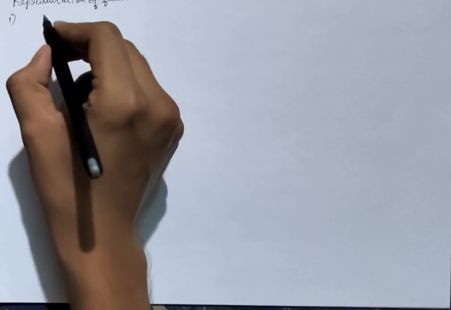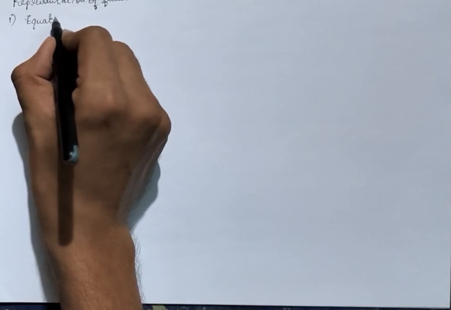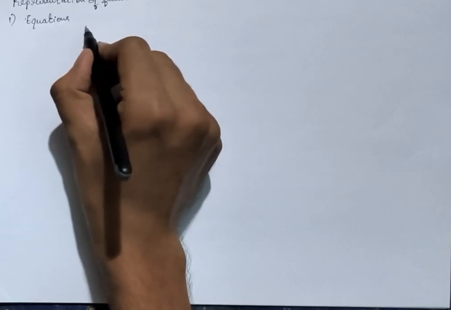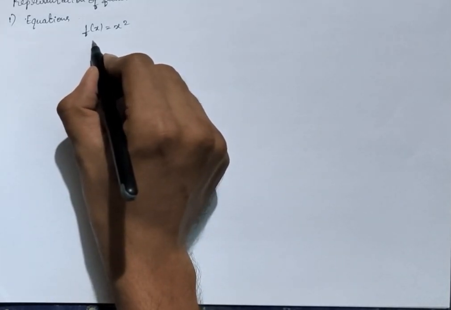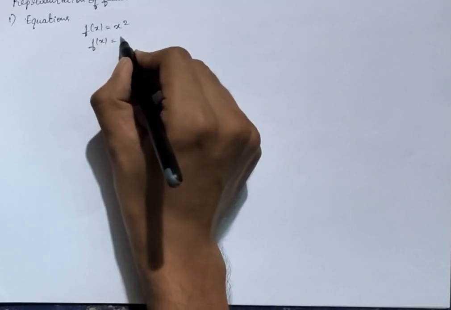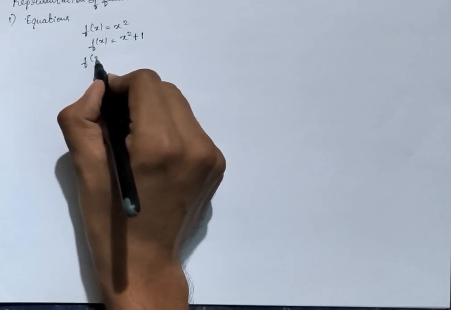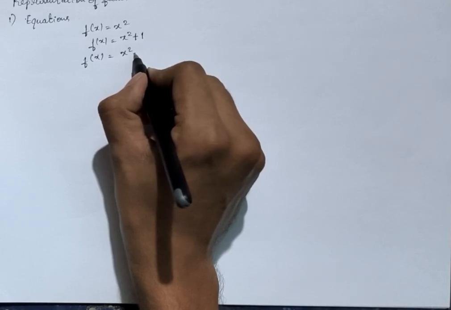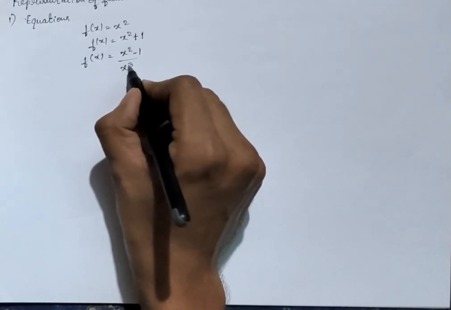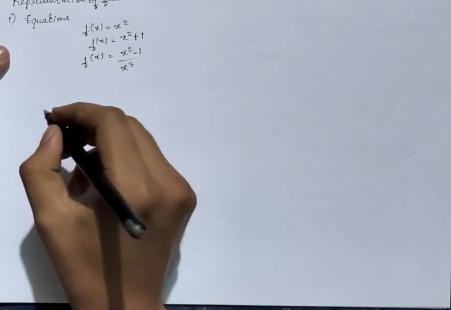First one, by equations, like f of x is equal to x square, f of x is equal to x square plus 1, f of x is equal to x square minus 1 by x cube. Like this we can represent functions. This is one type.